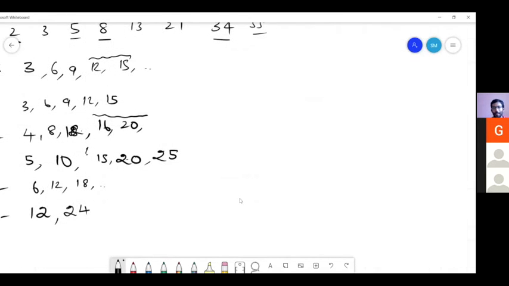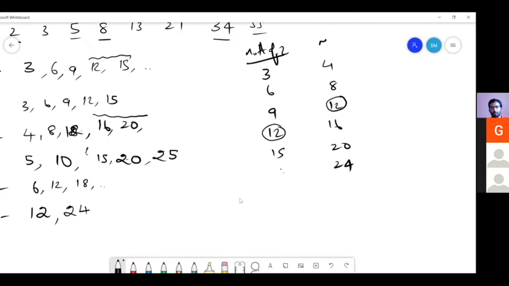So now we will just take this question. We have multiples of 3, 6, 9. We have multiples of 3 here and multiples of 4 here. As Gauri ma'am told, the numbers which occur in both these columns will be multiples of 6. So what numbers will occur in both these columns? 12 occurs in both.